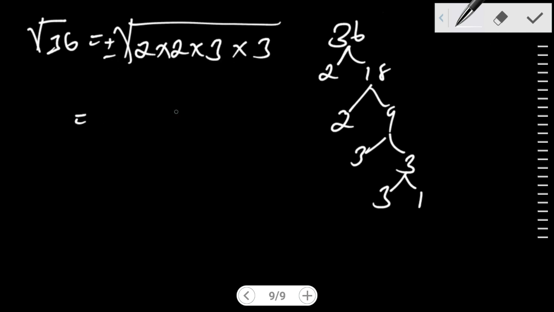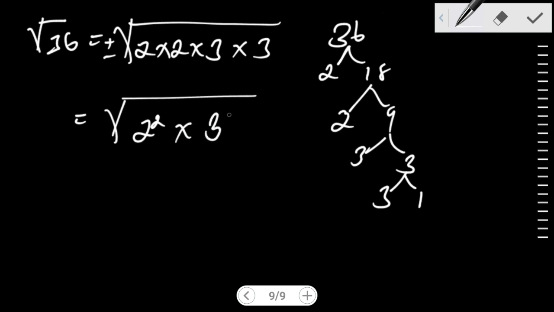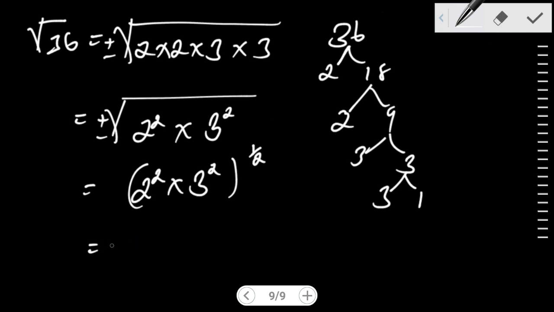Therefore, this would be equals to, I'd have here 2 squared times 3 squared, and therefore this would be equals to, now positive or minus, and therefore I'm going to have something here that's going to be 2 squared times 3 squared, but here I'm having 1 out of 2. Now this power affects whatever that's inside, therefore I'm going to have 2 times 1 out of 2, 3 power 2 times 1 out of 2.